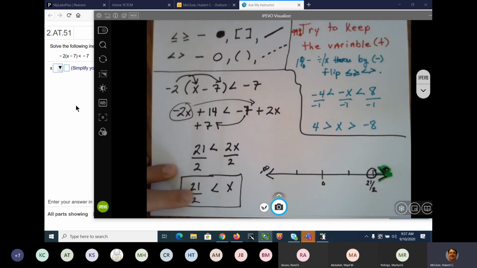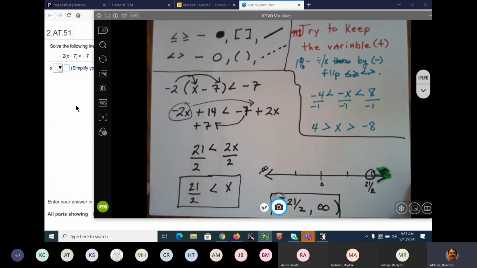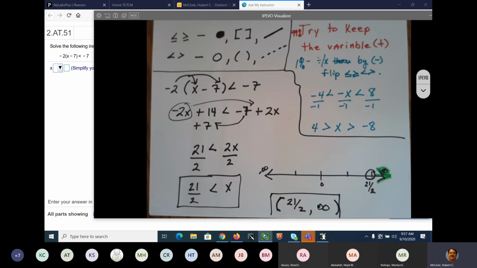That encompasses positive infinity. So interval notation is what I use. So your answer is parentheses 21 halves, comma, infinity. That's interval notation. And that's your answer. I don't know what they want, but that's the answer.